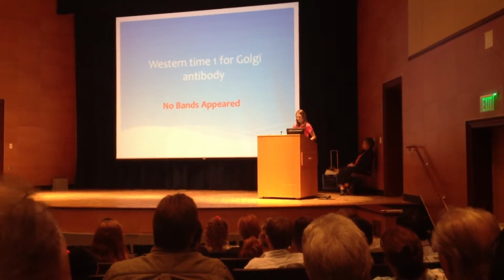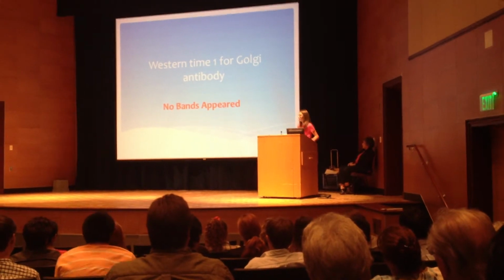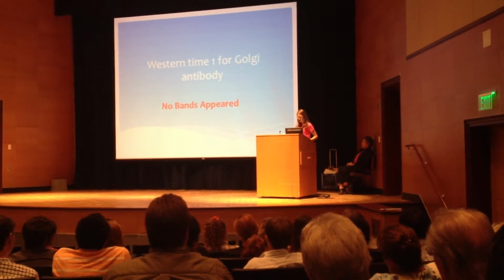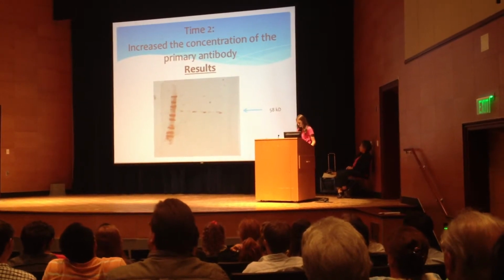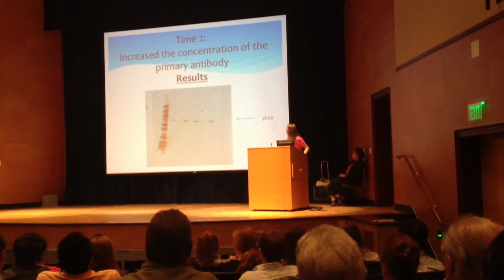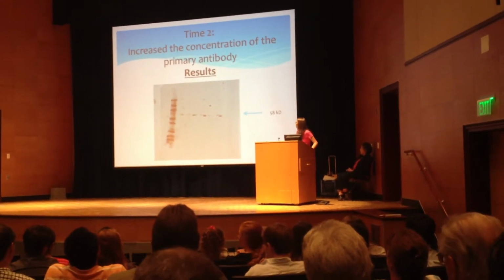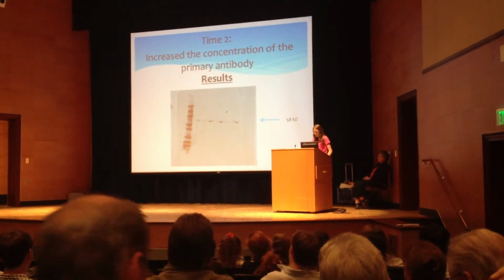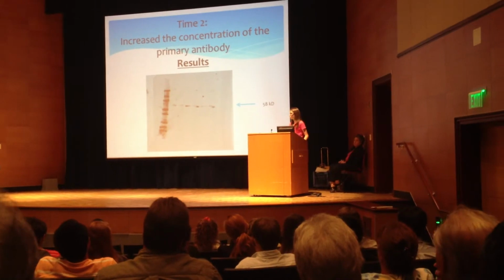So, the first time that we did a Western blot for the Golgi antibody, no bands appeared. So, the second time, we increased the concentration of the primary antibody, and these were the results that we came across. On the left is the standard, and then to the right are the wells in which the proteins were loaded, and it's at a molecular weight of 58 kilodaltons, which is where it should be.